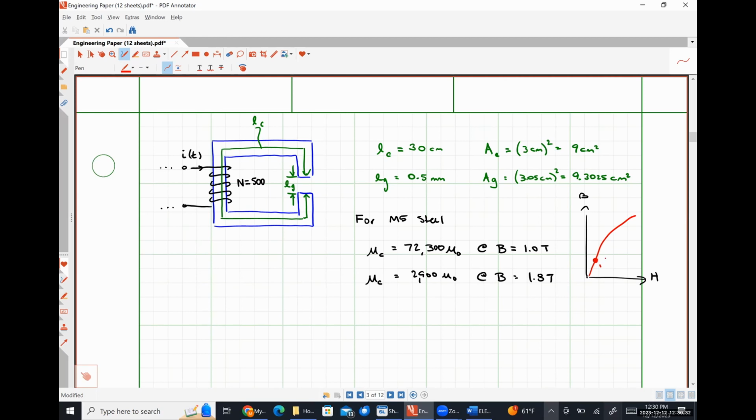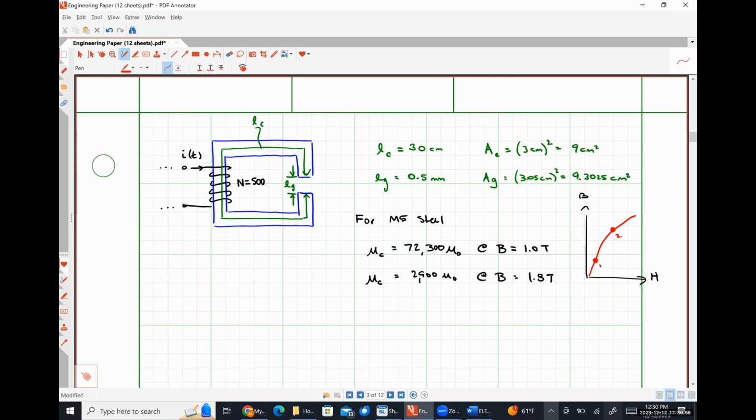So this is our first point. And then our second point, probably somewhere around here in the knee area. If we were to go into the saturation area, we would see that mu C would be even smaller, because we know that even a large change in the H field will result in a very small or almost no change in the B field.